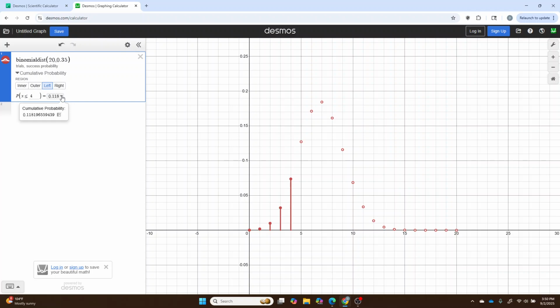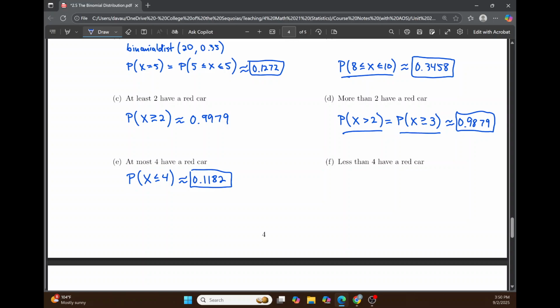Okay. And then finally, part F, we want the probability that less than 4 households have a red car. So now we're not looking for the probability that at most 4 have a red car. We just want to know the probability that strictly less than 4 of them have a red car. We want x to be strictly less than 4. Well, as we discussed a moment ago, there's not going to be a way to do this in Desmos.